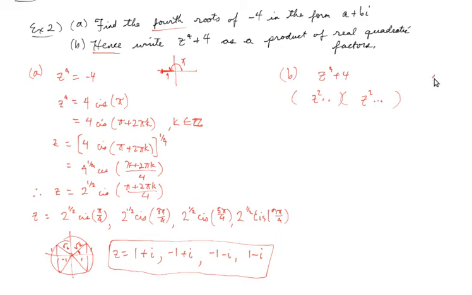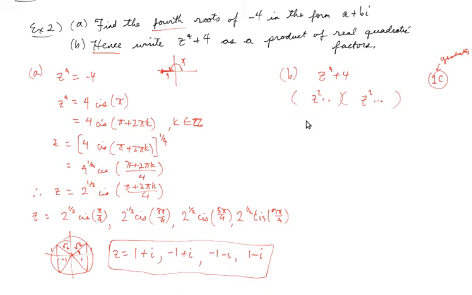If you want to go back, you can look back at chapter 1c, going all the way back to quadratics. Using the sum and product of roots of quadratics, z to the fourth plus 4 will be two real quadratic factors that can be found using conjugation.